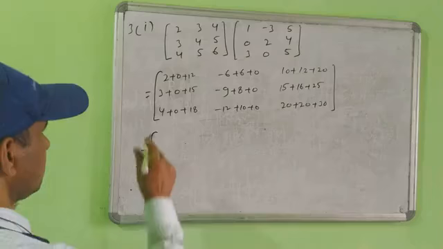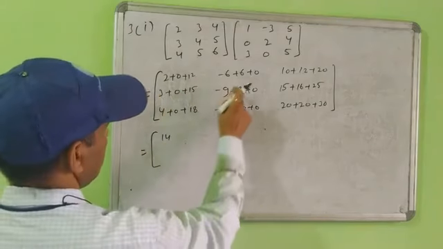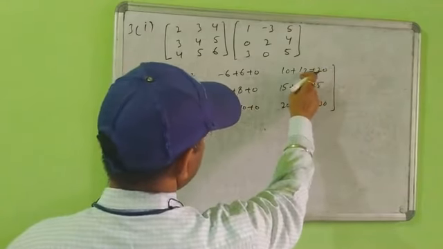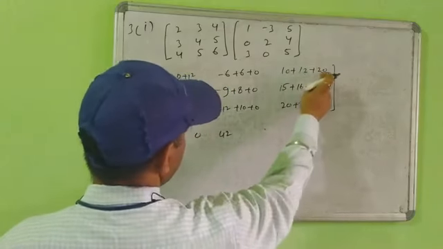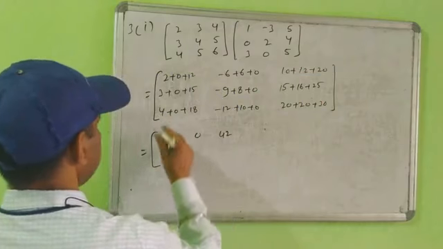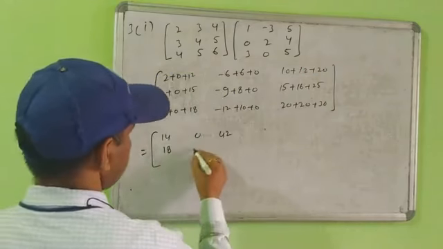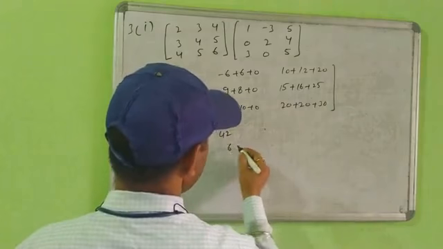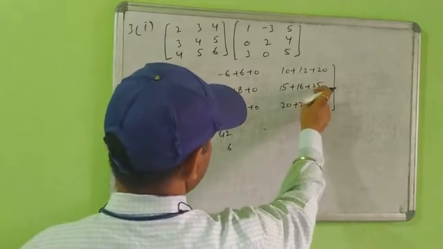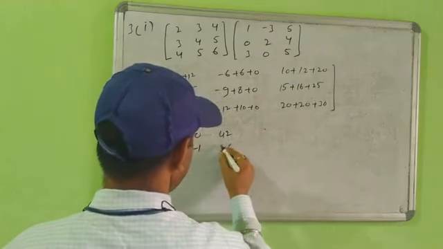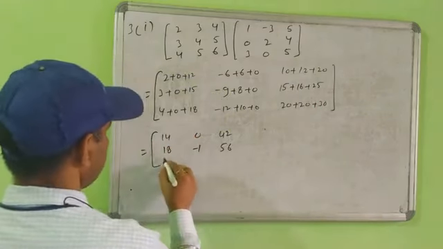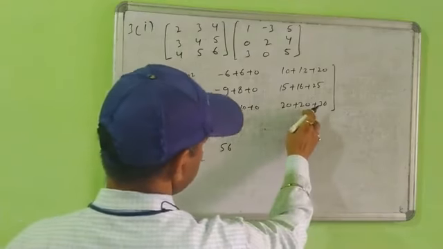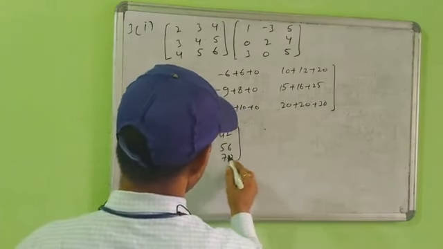What comes here? 12 plus 2 is 14, 6 is 0, the answer here is 0, and 20, 30, 14, 42, 15, 3, 18, 9 plus minus 1, and 5, 5, 10 and 16, 2, 56, 18 plus 22, and next 10 minus 2, and 20, 20, 40 and 70. This is your final answer.